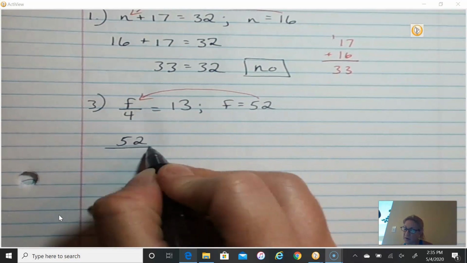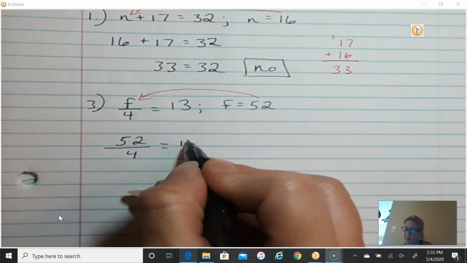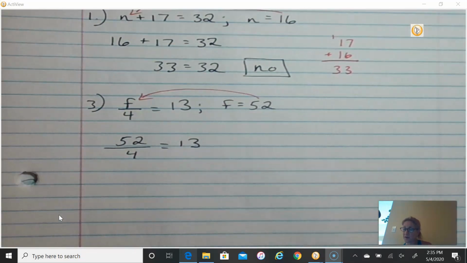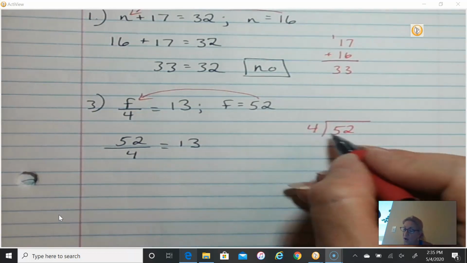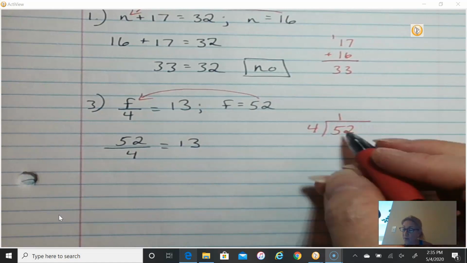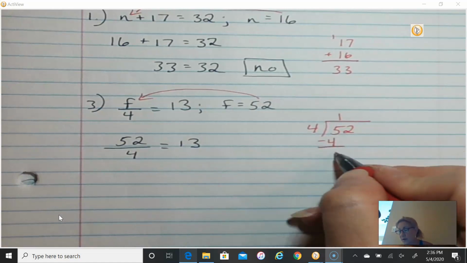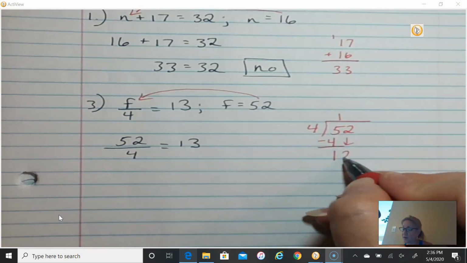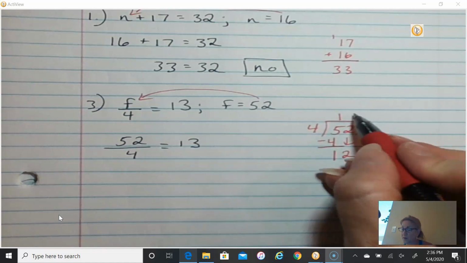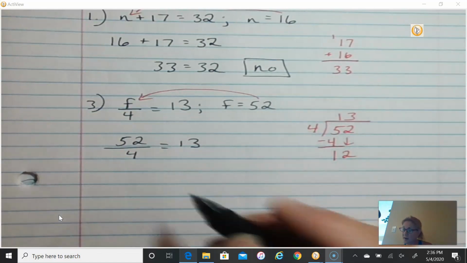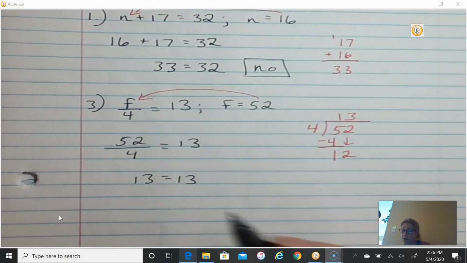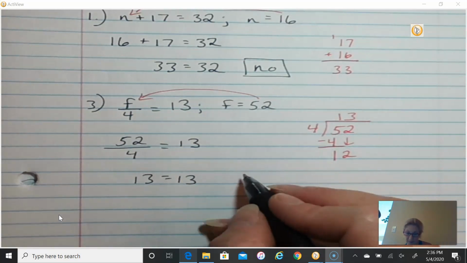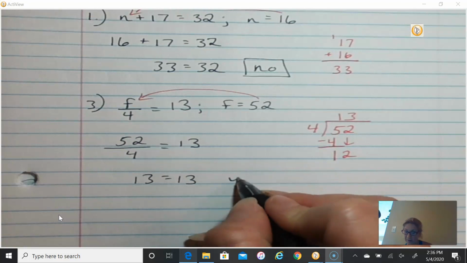So I'm going to do 52 divided by 4 equals 13. So off here to the side, I'm going to do 52 divided by 4. 4 goes into 5 one time. 1 times 4 is 4. Subtract, bring down your 2. 4 goes into 12 3 times. So I have 13 equals 13. That works. 13 equals 13. So I'm going to say yes.